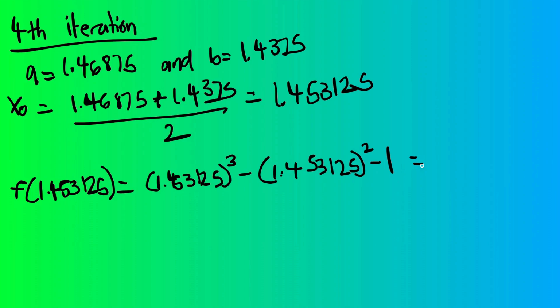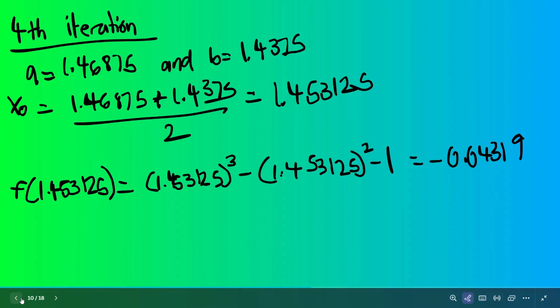So 1.453125 cubed minus 1.453125 squared minus 1. Okay, so the answer is negative 0.04319. So that's the answer in the fourth iteration.